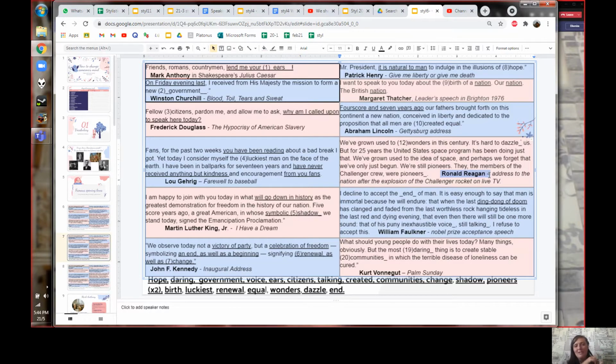So Reagan has to make a speech to persuade the whole country to calm down and stop being so angry. So he makes a speech saying, we're used to wonders in this century. It's hard to dazzle us, but there's one thing that still dazzles us in America. It's the United States space program. He says most of us are kind of used to the idea of going to space, but we need to remember that we are still pioneers in space.